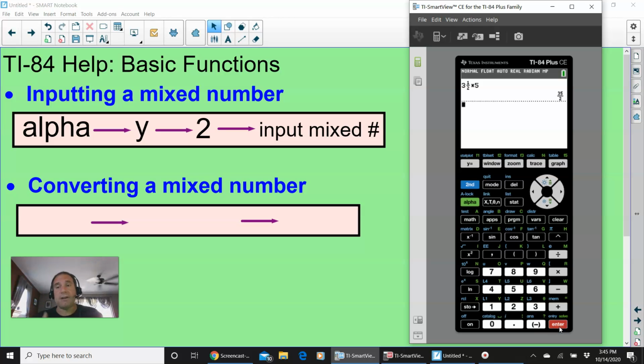And again, if you wanted to convert it into a decimal or convert it back into a mixed number, then you would basically take that, press alpha Y again, and go down to 3, and that is fraction to a mixed number, and press enter, and then press enter again. 17 1/2.